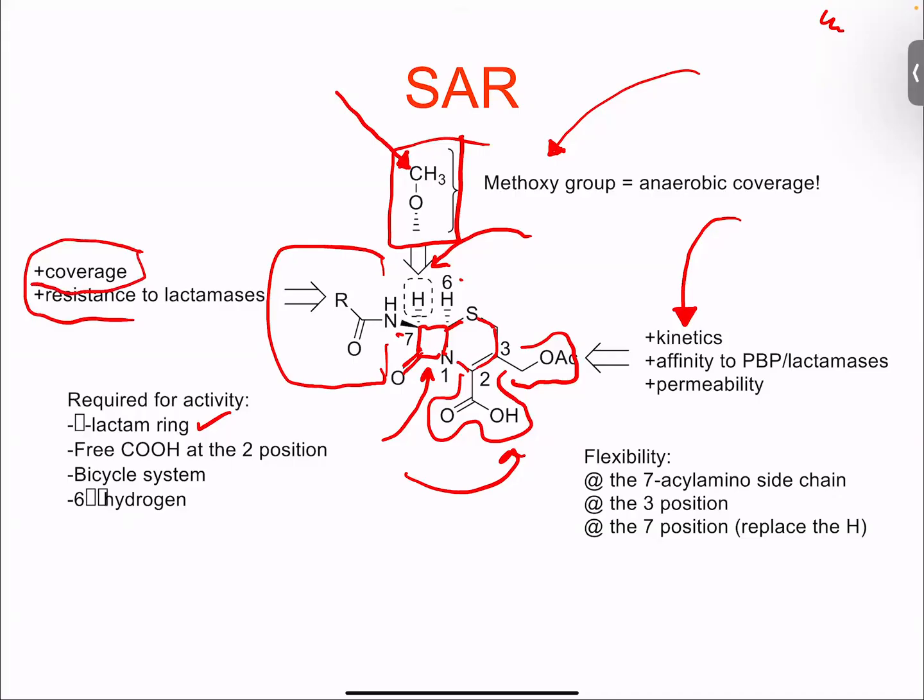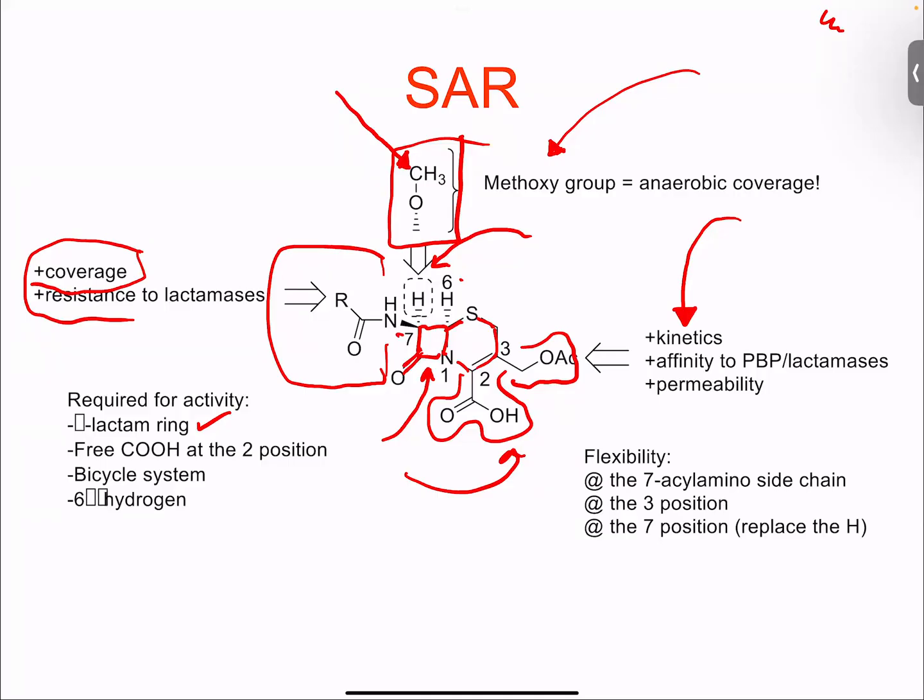And then as far as coverage is concerned, some of the earlier cephalosporins, 1st generation agents, have good gram-positive coverage. And then as you move forward from the 1st generation to the 2nd generation, even into the 3rd generation cephalosporins, what you note is a slight decrease perhaps in gram-positive coverage, but you start to see increases in gram-negative coverage.